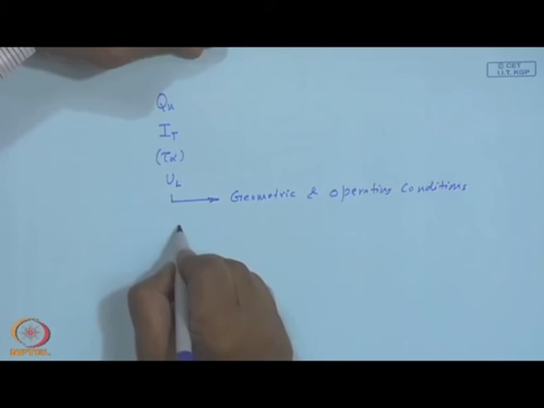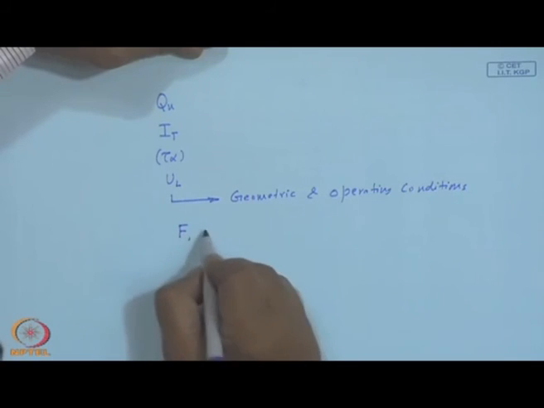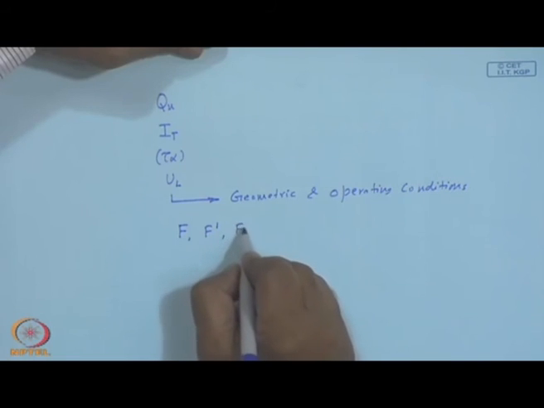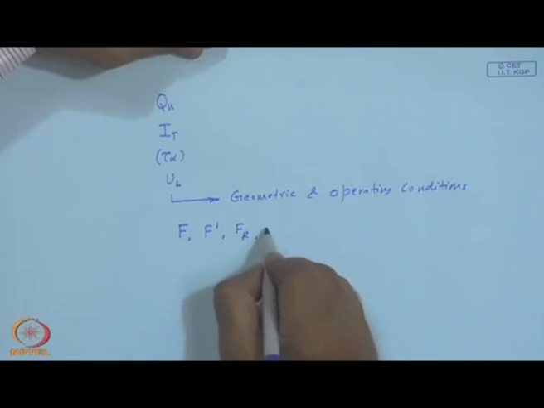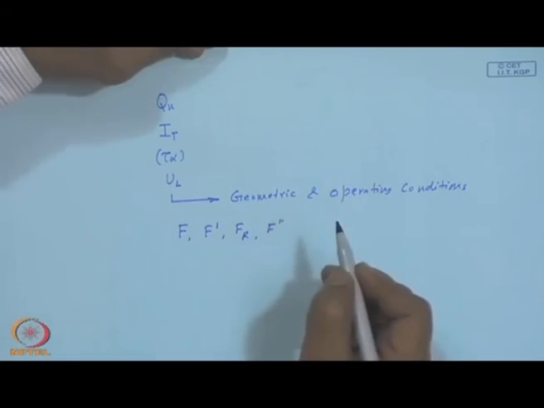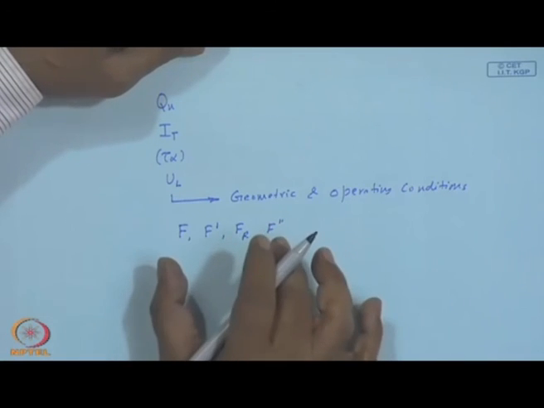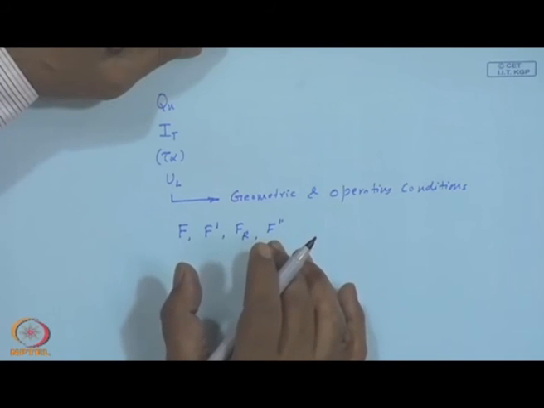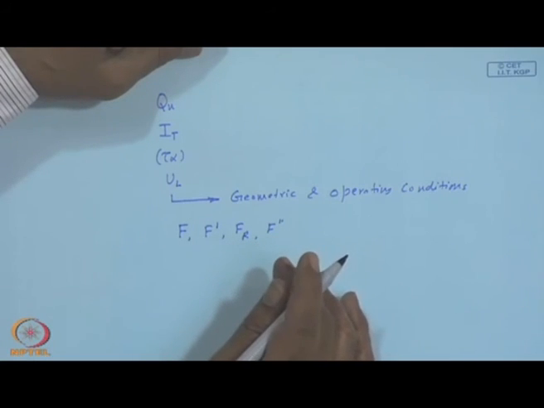In this process, we defined a fin efficiency, a collector efficiency factor, and a heat removal factor, and a flow factor. So, these things in various capacities represent or tell us how good the collector is.